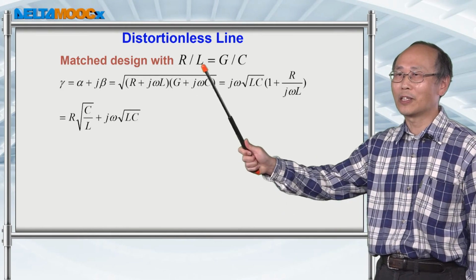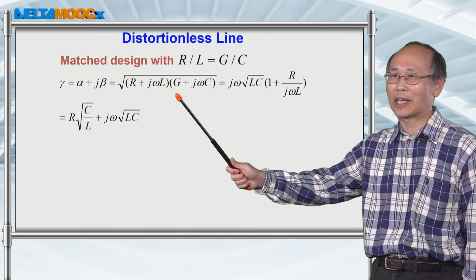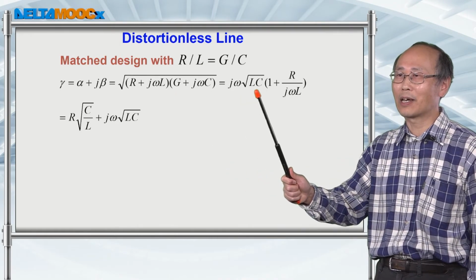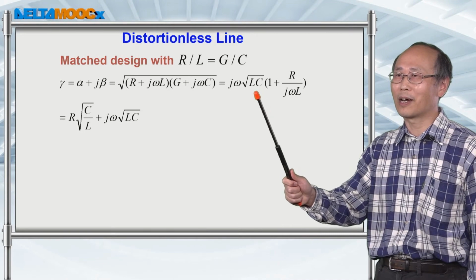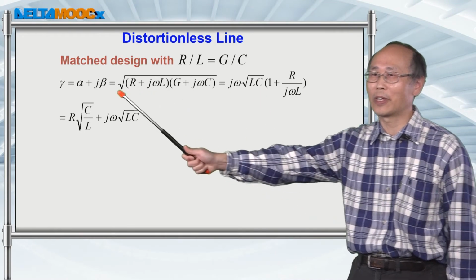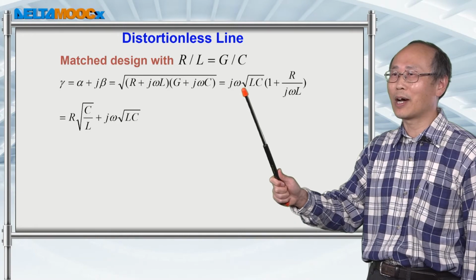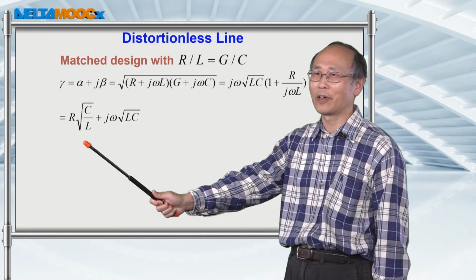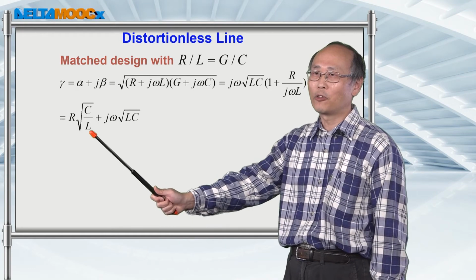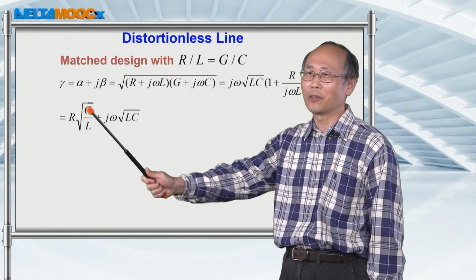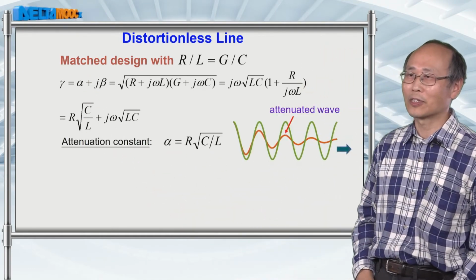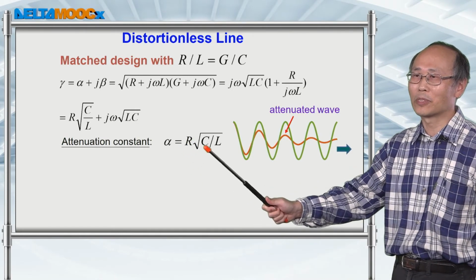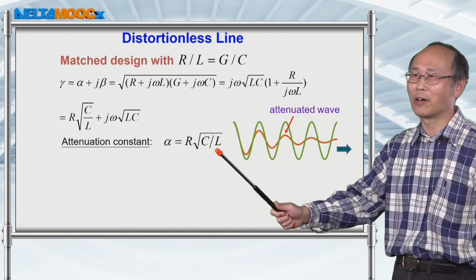If you set this condition into the calculation of this gamma expression, then you end up having this expression as the imaginary part of gamma. And then you multiply this with this, then you will get a real part of the gamma. The real part of gamma is going to tell you the attenuation of the signal, which is given by R multiplying with the square root of C over L.